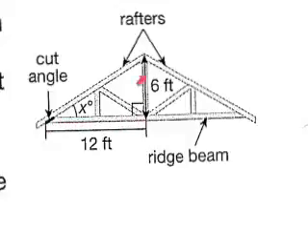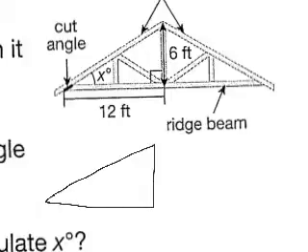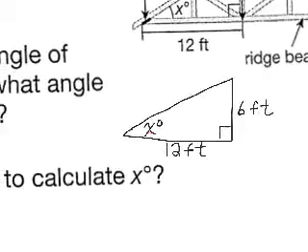Here's our triangle that we're working with, so I'm just going to redraw it so I can see it a little better. We have a right angle here. This is 6 feet, this here is 12 feet, and this is the x that we're looking for, because this is the angle of elevation.